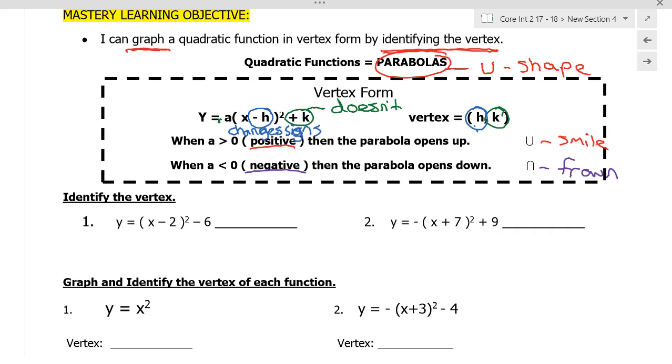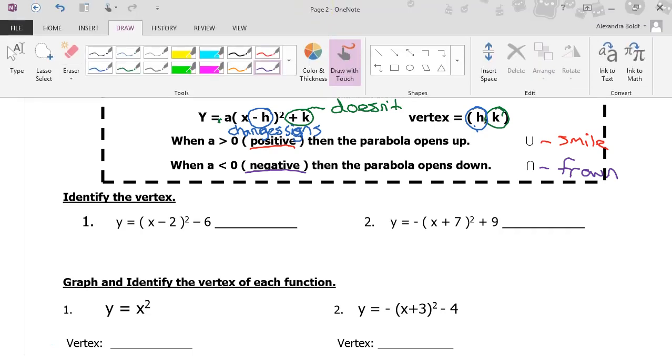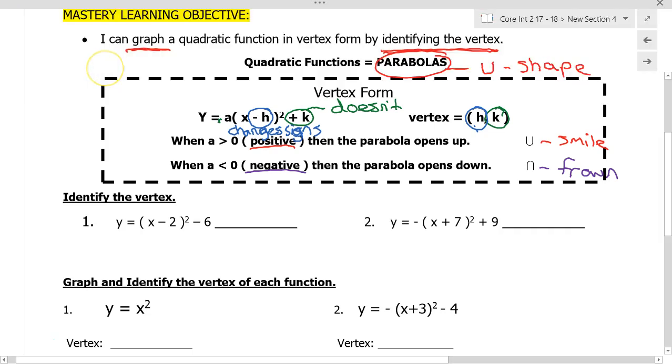Let's look at some examples. The first thing we're going to do is identify the vertex. For number 1, we have y equals x minus 2 squared minus 6. What's being subtracted from x, and what's being added onto the end?